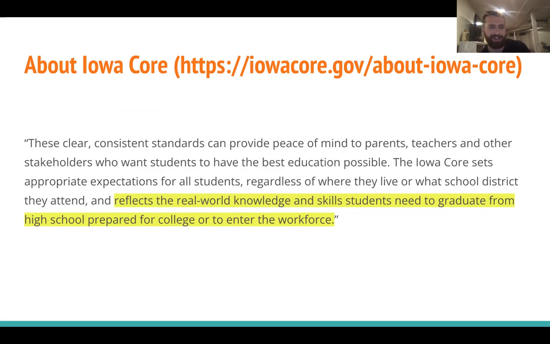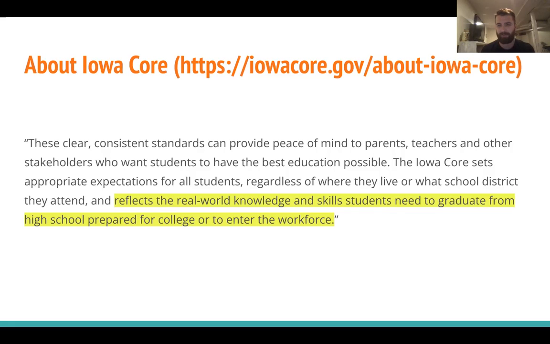Another slide says these clear, consistent standards can provide peace of mind to parents, teachers, and other stakeholders who want students to have the best education possible. The Iowa Core sets appropriate expectations for all students, regardless of where they live or what district they attend, and reflects the real-world knowledge and skills students need to graduate from high school prepared for college or to enter the workforce.